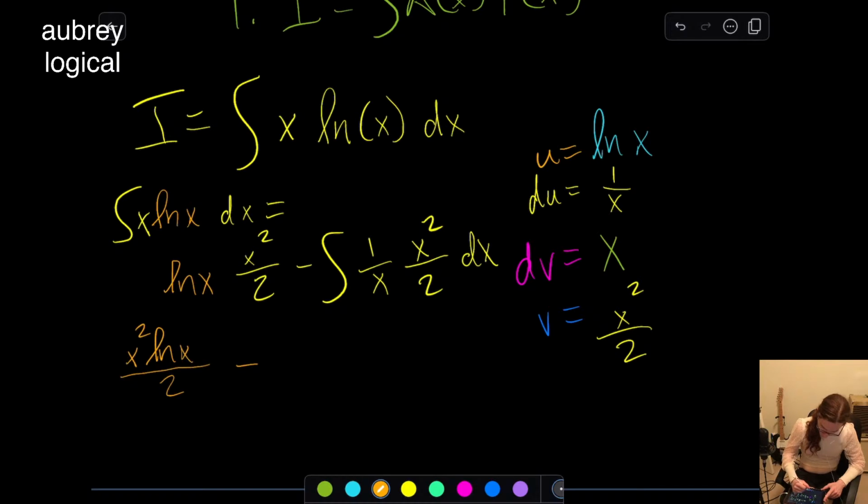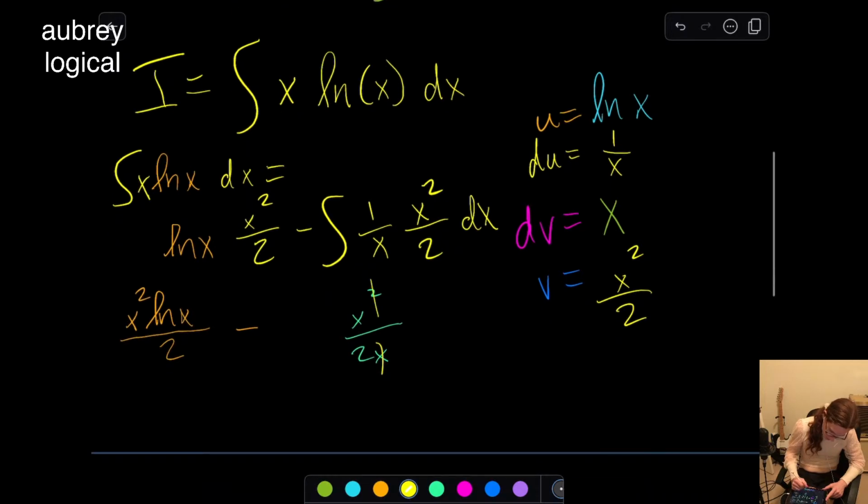Okay, so we've got to simplify this. So we're going to have x squared over 2x. So the x is going to cancel there. The exponent's going to cancel there. And we're going to be left with x over 2.